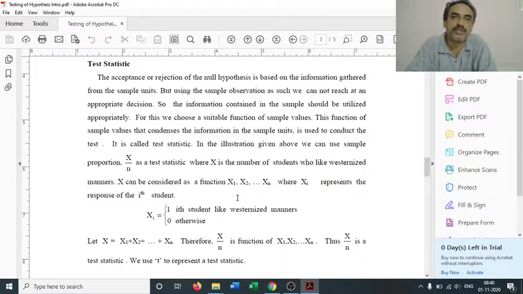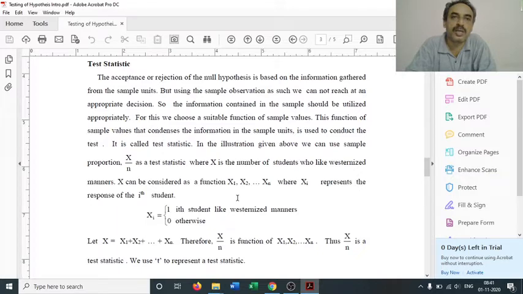For example, if the sample mean is used to test whether the population mean has a specified value, then the statistic sample mean is the test statistic. If you select sample proportion as the statistic, then the test statistic is sample proportion.